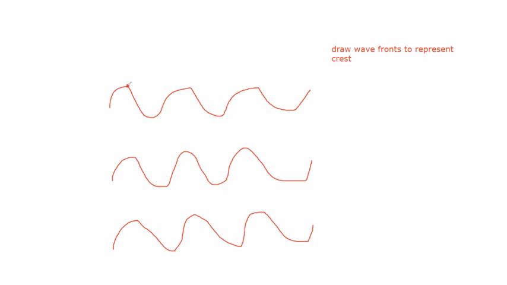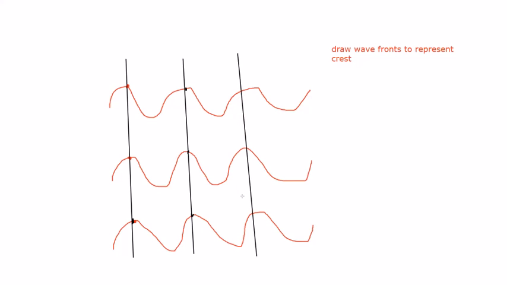This is the first wave crest, second wave crest, and third wave crest. So I will draw a line through these identical points, and I will call this line a wave front. Same thing, this is the second crest, second crest, second crest. I will join these points with a line, and I will call this a wave front. Same thing, when I join the crests of the third wave, I will also call that a wave front.